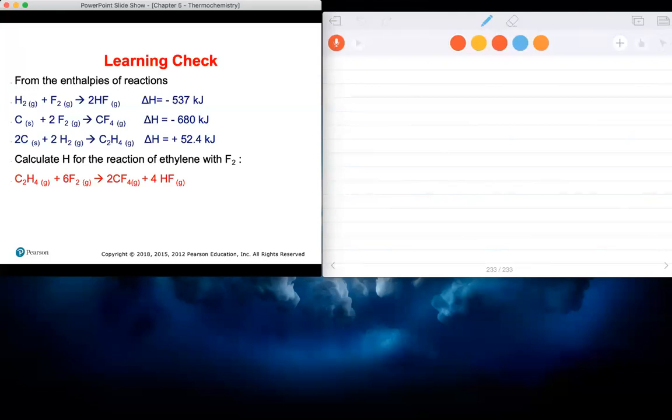Pay attention to physical state. So this is how Hess's law works. You will have to look at the overall equation in question and look at the individual reagent or product and see how the equation has been manipulated.